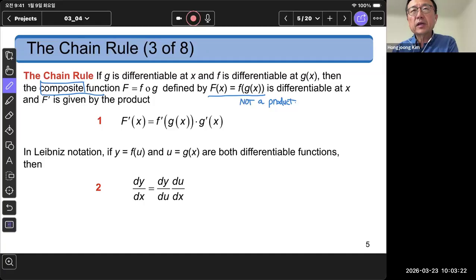Right? So if I have the composite of two functions, then when that composite function is differentiated at x, this is what you get.